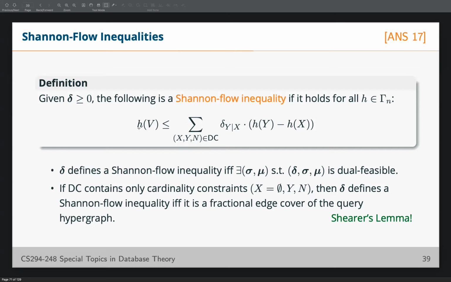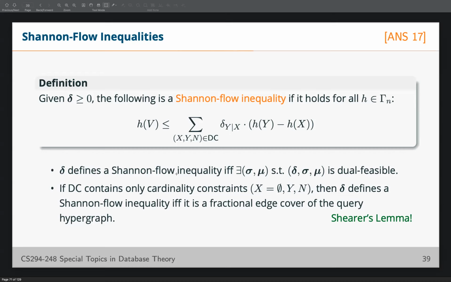And assume that somehow this inequality holds for every polymatroid H. Then if that's the case, the inequality is called a Shannon flow inequality.